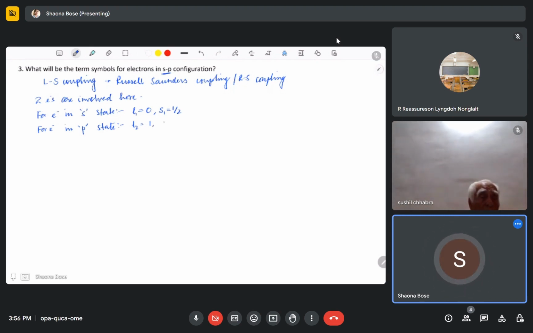So for the p state, L2 is equal to 1 and S2 is equal to half. Okay, value of S is fixed. That is, this is an inherent property of electrons, the quantum property. Therefore, what will be the total L here?